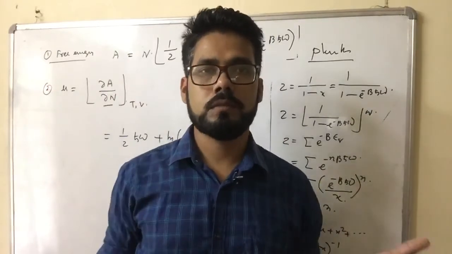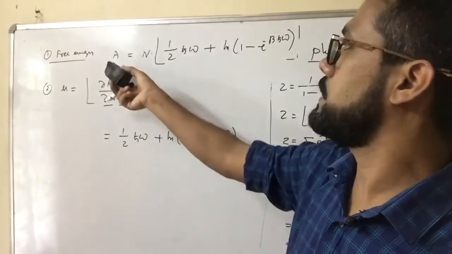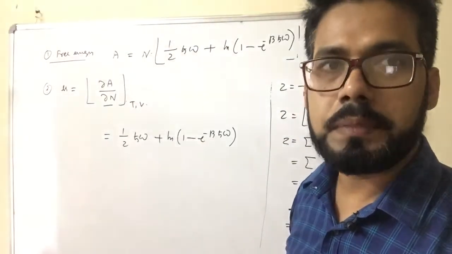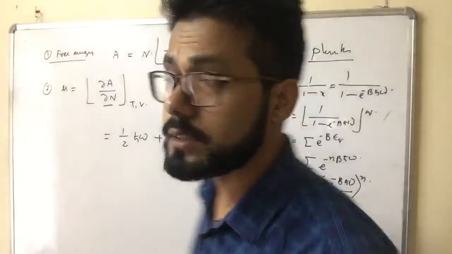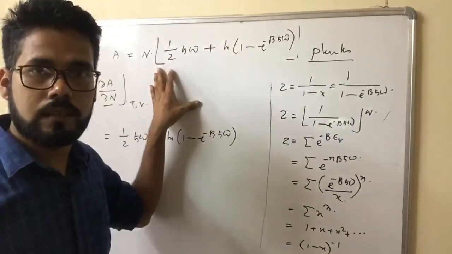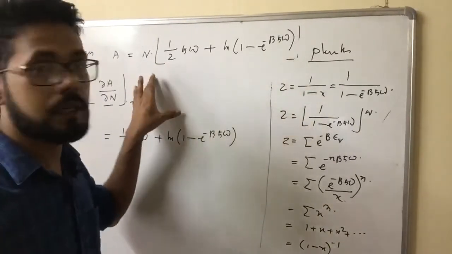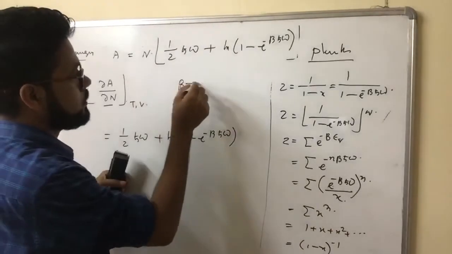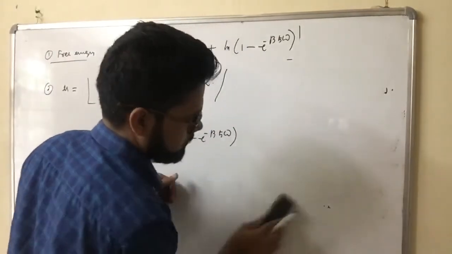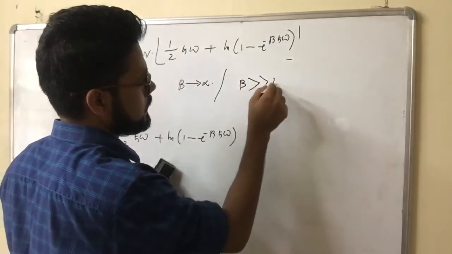If they give you the free energy of n harmonic oscillators, what is the chemical potential when beta tends to infinity, or when beta is much greater than h cos omega?